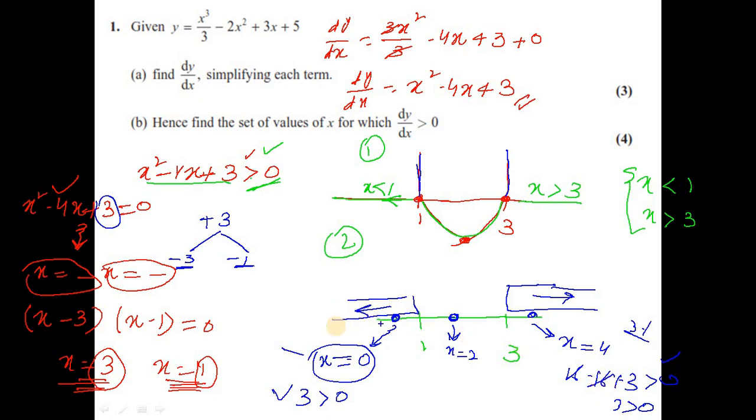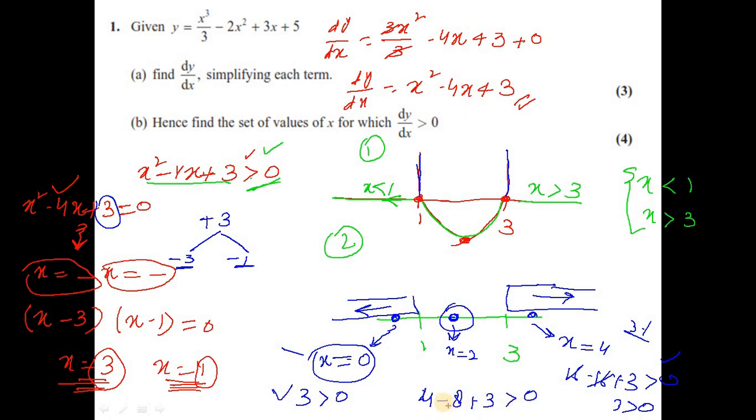So if the left hand side and the right hand side of the interval are true, that means in between the inequality should be false, and you can check x equal to 2. If you put x equal to 2 in your inequality, 2 square is 4, minus 4 times 2 is 8, plus 3.